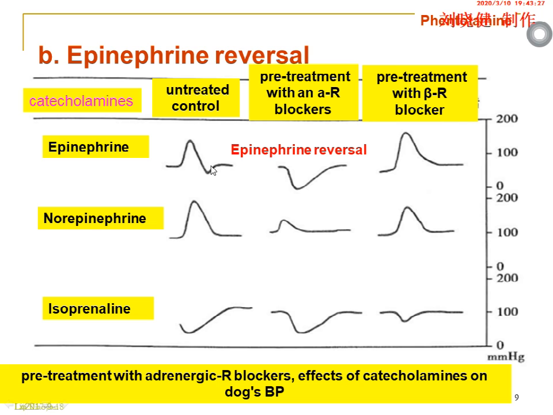You know, this part, phase 2, is mainly caused by the beta-2 receptor. So alpha receptor blockade has no effect on beta-2. So it converts this phase 1, the typical increase of blood pressure, into a decrease in blood pressure, the pressure lowering effect. So this conversion is called epinephrine reversal.